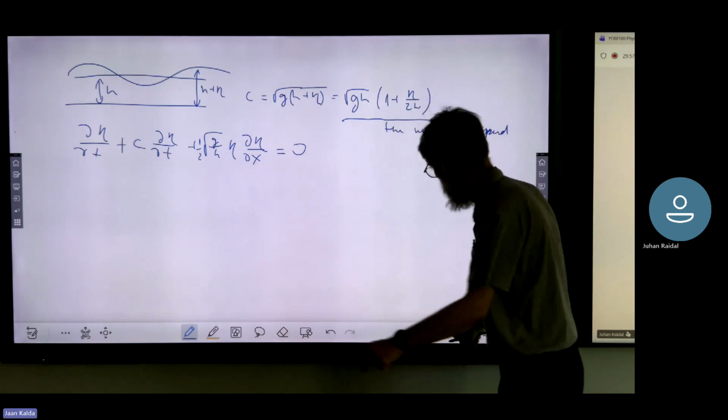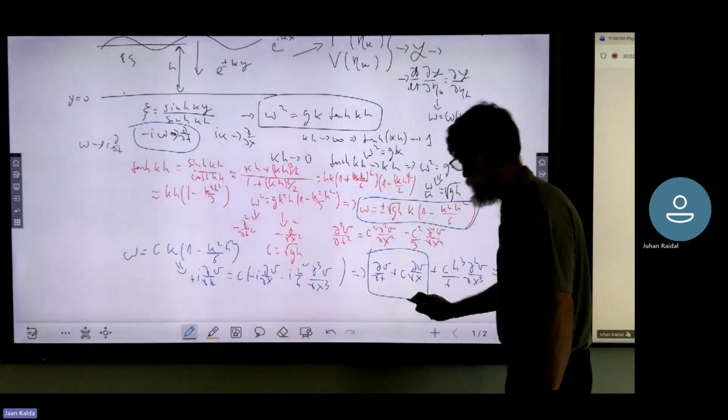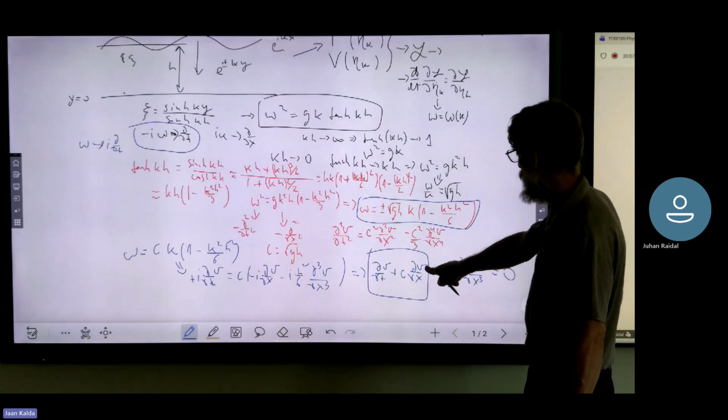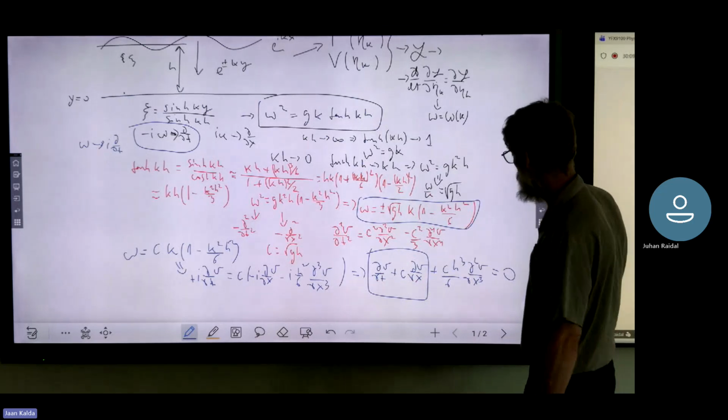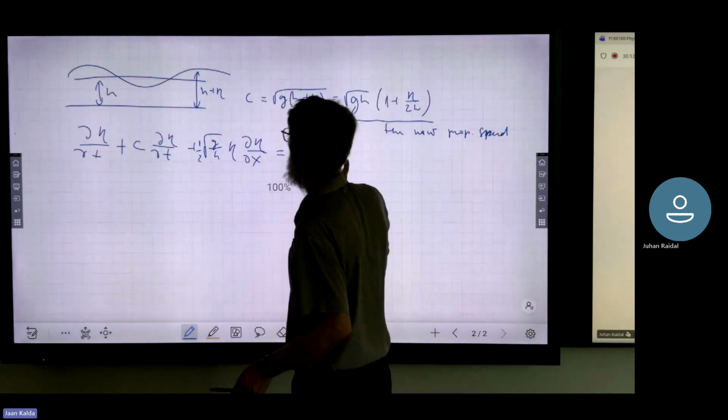So that equation tells us that v remains constant in the co-moving frame. Let me do it on this slide here.